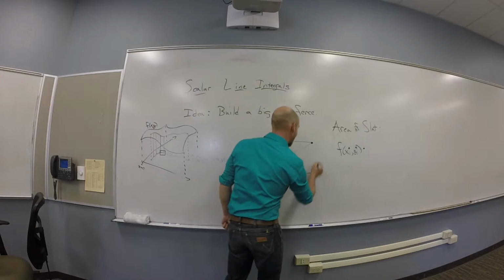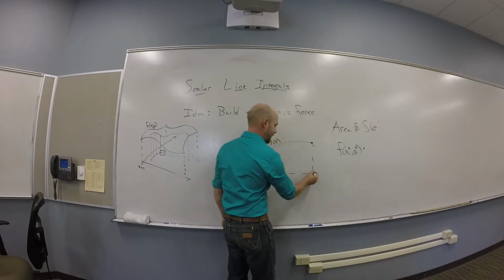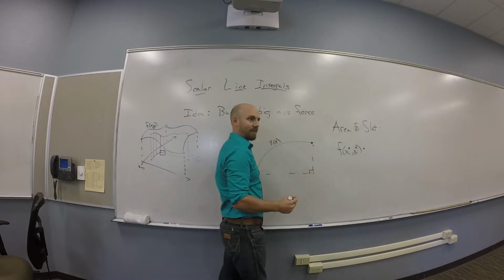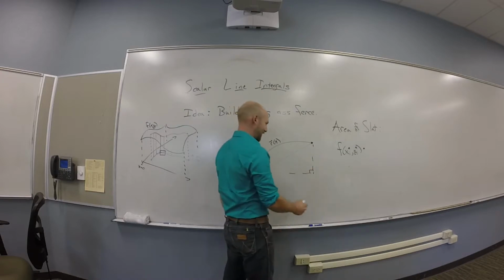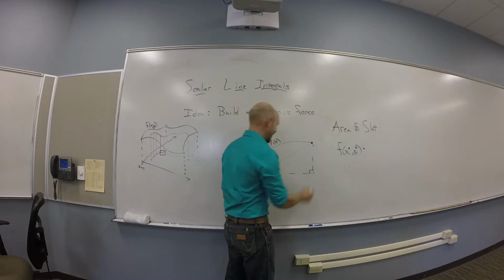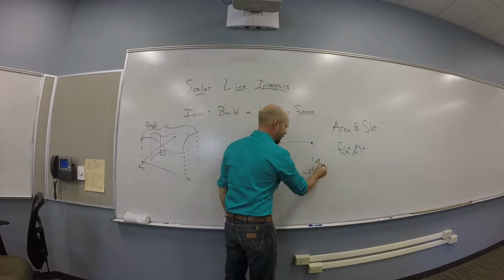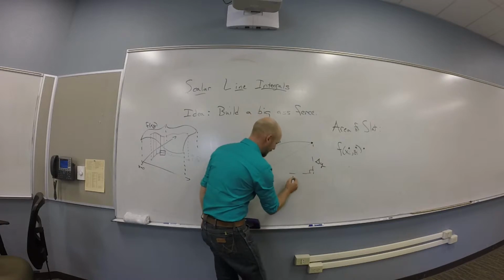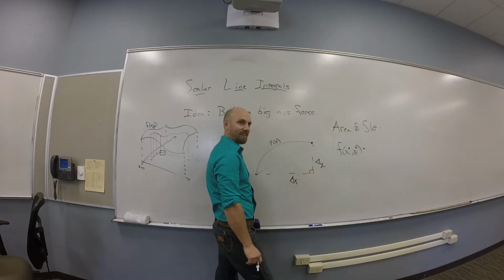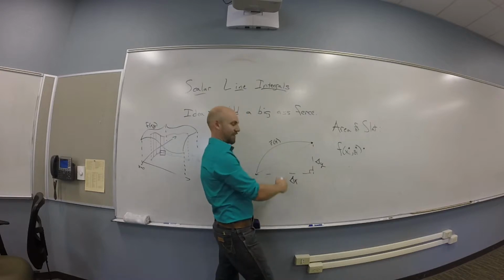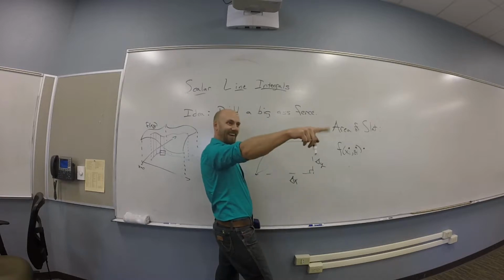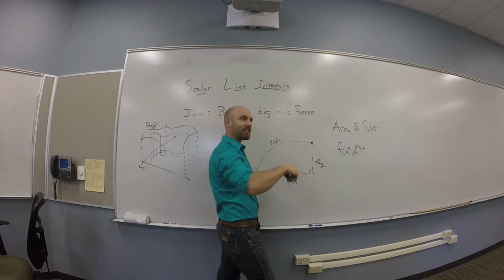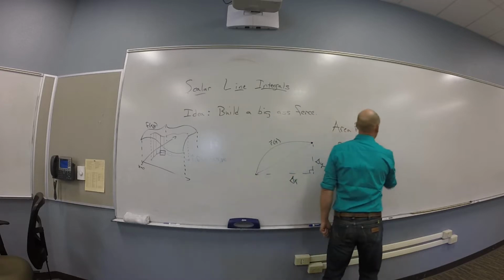It's like a distance vector, with delta t. I think that's the change in y there, and that's the change in x there. You guys with me on this? So what's this guy? The square root of the change in x squared plus the change in y squared?